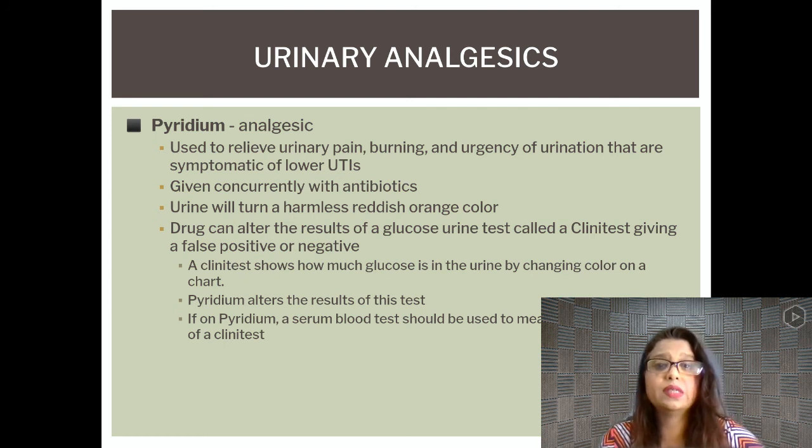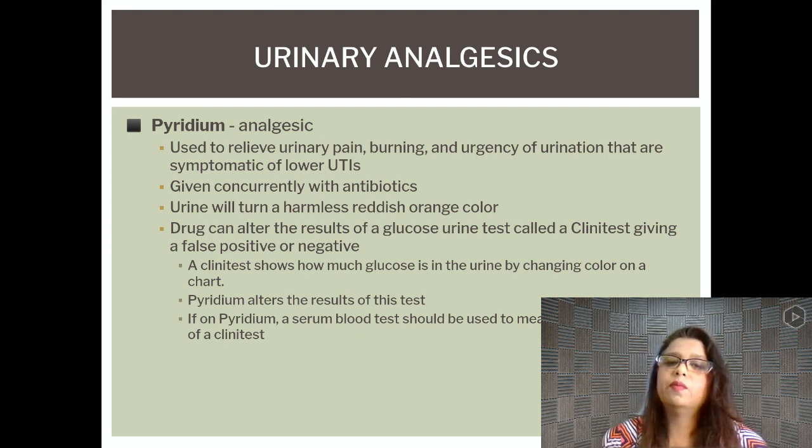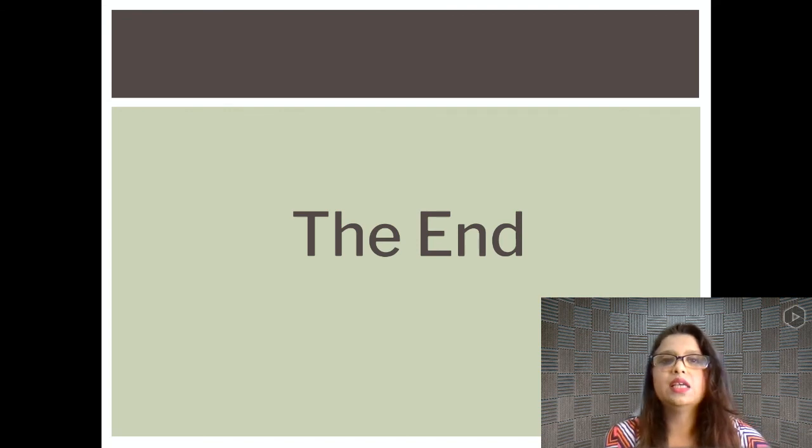The drug can alter the results of glucose urine tests, and also it could give a false positive or negative. Most important is we inform our patient that the color of urine might turn orange, and then don't be alarmed with that, right? So that's pretty much it on our discussion on antibiotics.